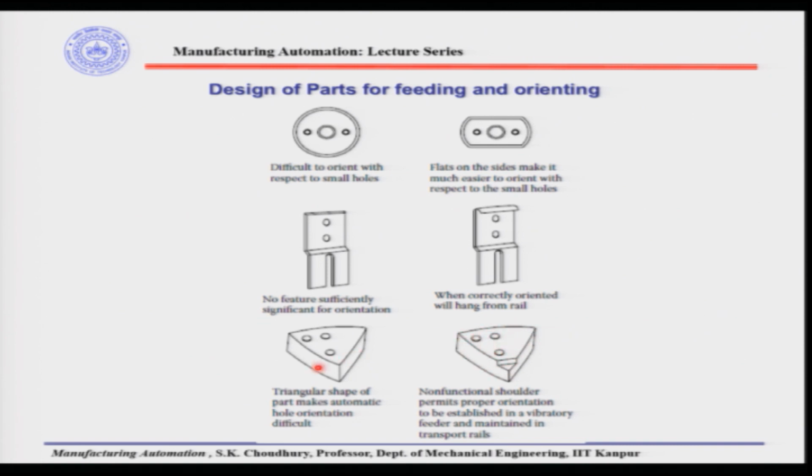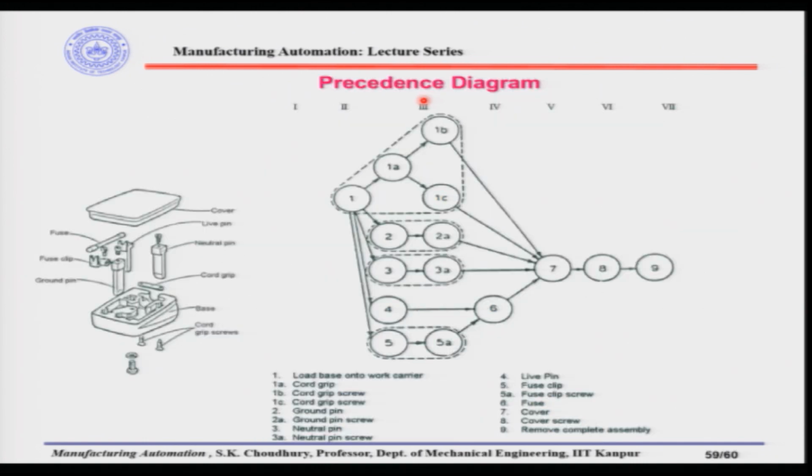As you understand, these small changes, here a small flat, here a kind of hook, here a small shoulder, will not change the functioning ability of these parts, but they will facilitate the parts to feed and orient, for the feeding and the orientation.